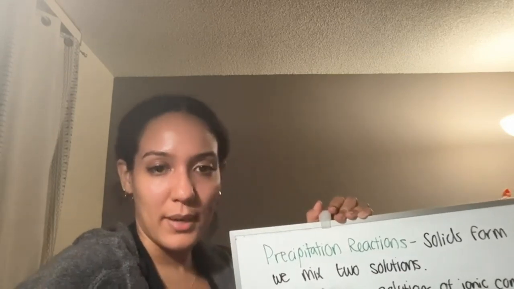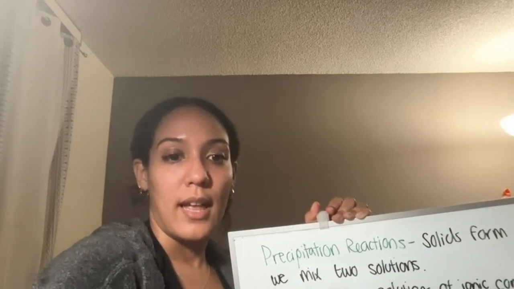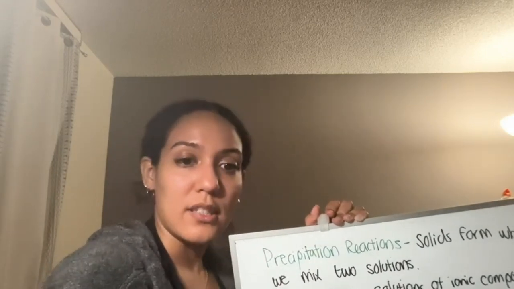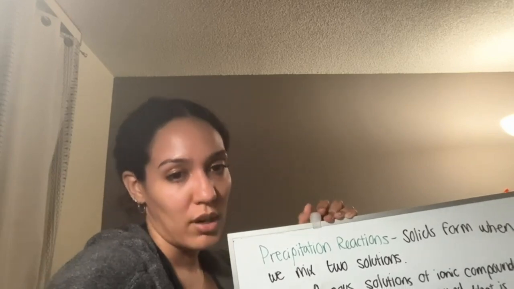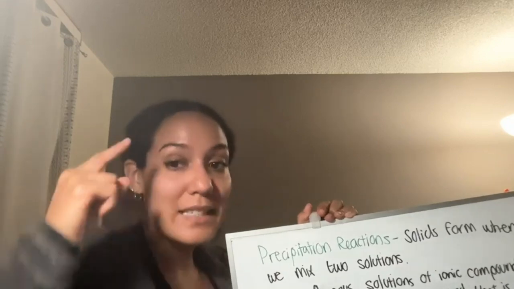Balance charges of the combined ions to get the formula of each product. And then 3, you'll determine the solubility of each product in water, using the solubility rules. This is going to be a toughie for me because this is something I have to remember.